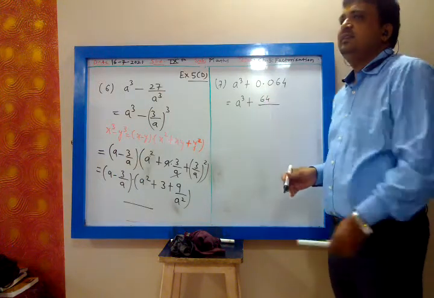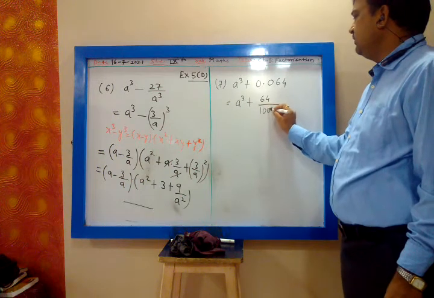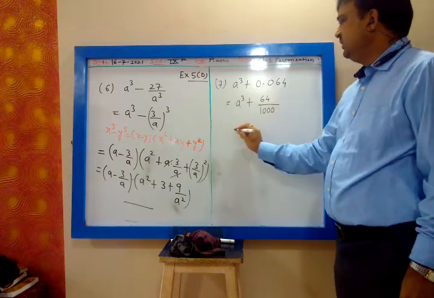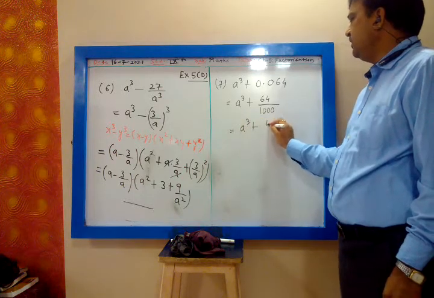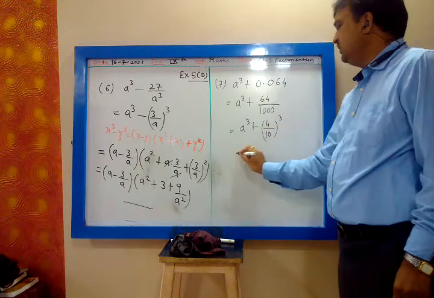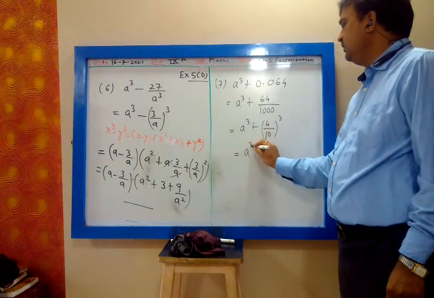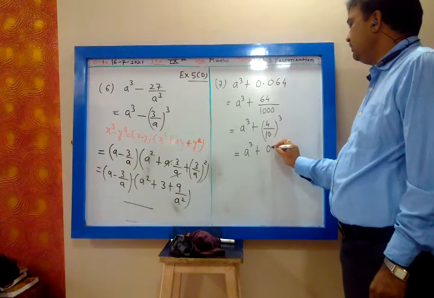After decimal, how many digits are there? Three, so 1000. Whatever you take, it is 1000. So this I can write as a cube plus 4 upon 10 whole cube, correct? This I can write as a cube plus 0.4 whole cube.